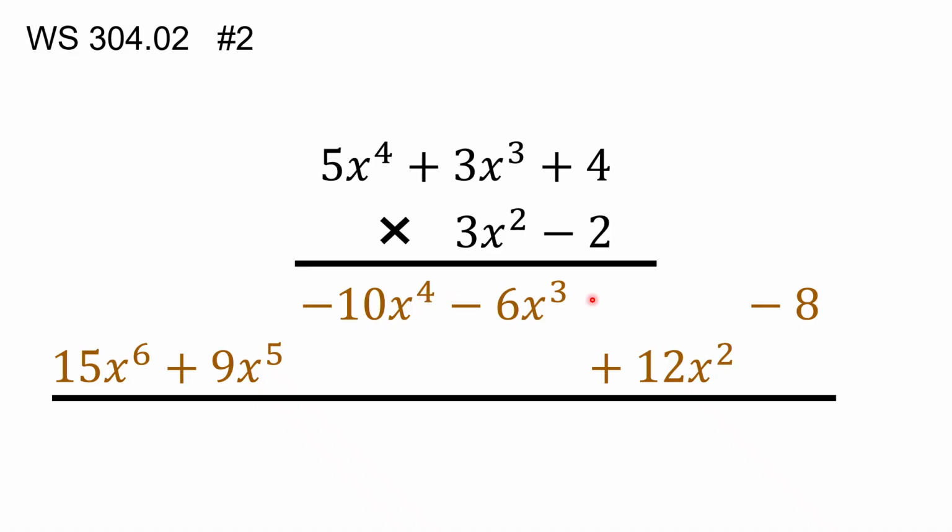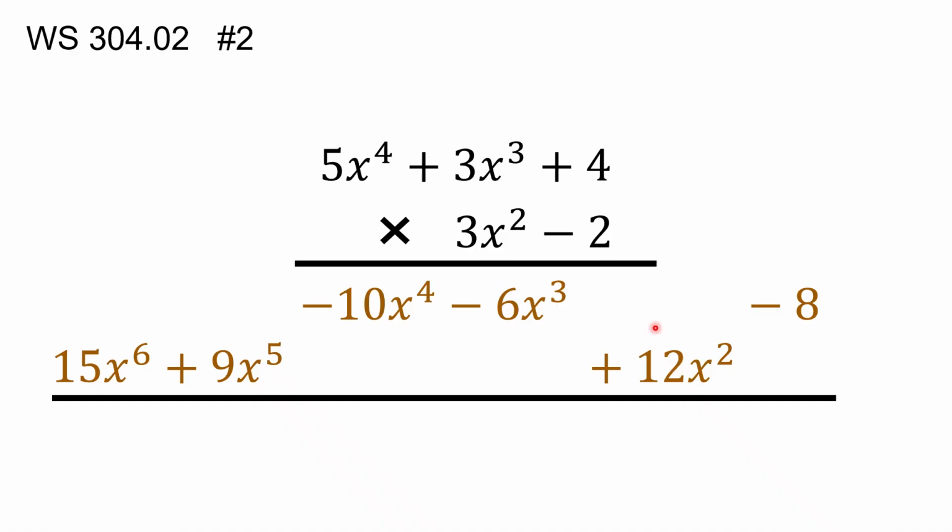As you can see, there are some spaces here because when I move to multiply everything at the top with 3x to the second, we're going to get 3 times 4, which is 12x to the second. I'm writing 12x to the second in its own little column. It doesn't go under -8, nor does it go under -6x to the third. It gets its own space.